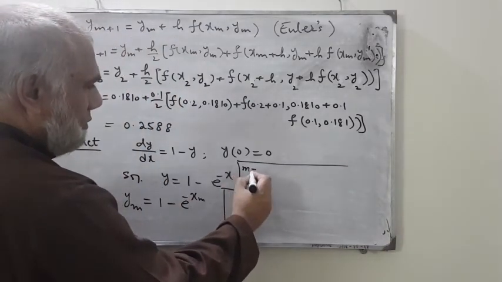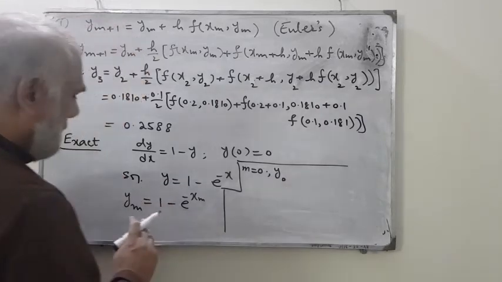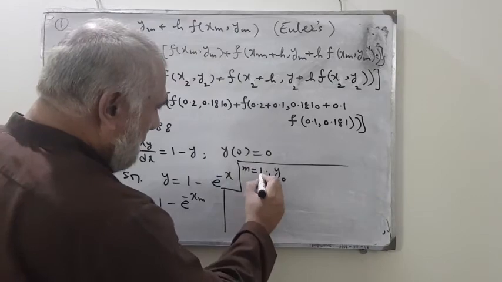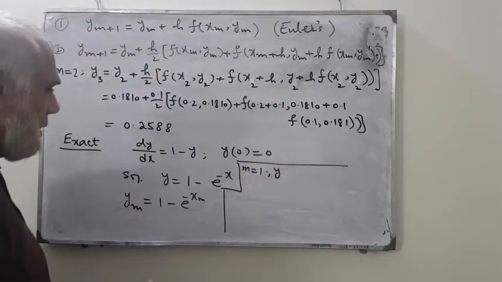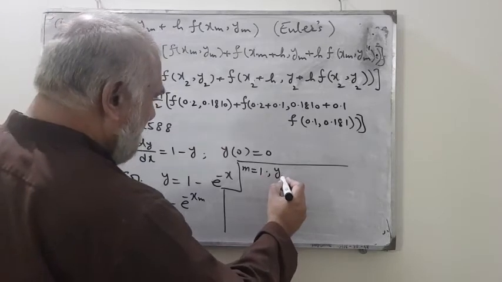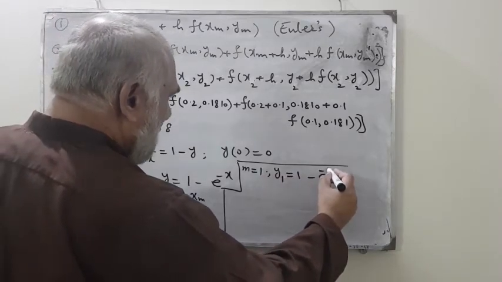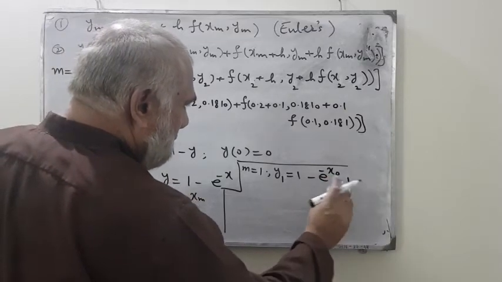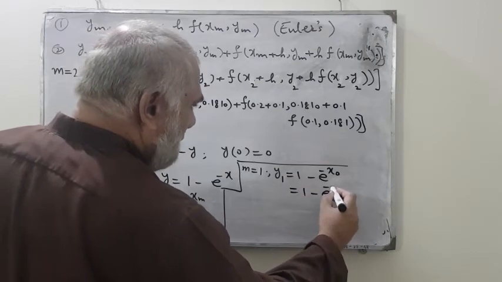Taking m equals to 0 gives you y0 on the left side. We basically are looking for y1. We have to start from m1. y0 is already given, there is no need to calculate it. So here we put m equals to 1, 1 minus e raised to minus x1, and x1 is 0.1, so 1 minus e raised to minus 0.1.